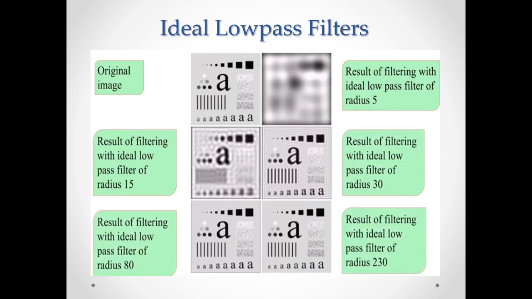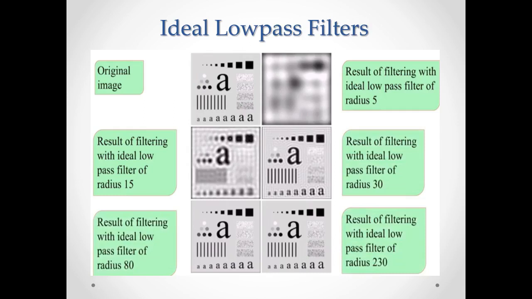So the high pass filter transformation function will be 1 for the frequency above d naught, and for the frequency below d naught the transformation function will become 0. So the ideal high pass filter will pass only the high frequency components and remove the low frequency components. This is how the ideal low pass and high pass filters work.